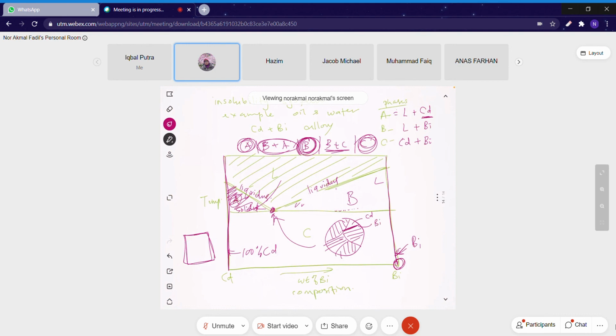Okay, so it is eutectic. Again, this is a vertical line, pure metal, because it is 100% bismuth.